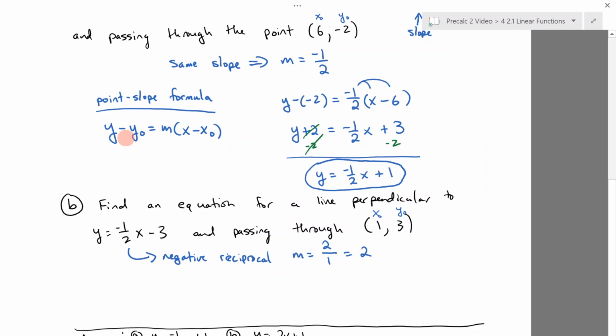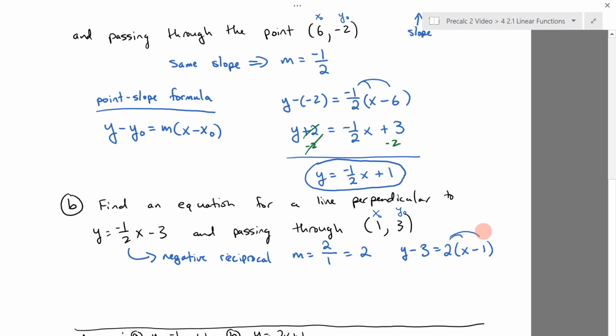Then I use the point slope formula again. Just plugging in the numbers, my new point is a different point. The x coordinate is 1, the y coordinate is 3. Let me write it here. y minus y0, which is 3, is equal to m, my new slope, which is 2, times x minus x0, which is 1.